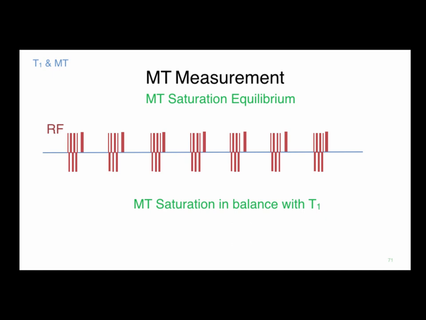So if you do an MT saturation experiment, you can have some kind of an MT pulse that, say, saturates all the lipids in the sample, and then do this repeatedly, and maybe do this for two different levels of saturation, or one case with saturation, one case without saturation, and look at the difference in the resulting saturation levels in the water. So this is one way of measuring MT.